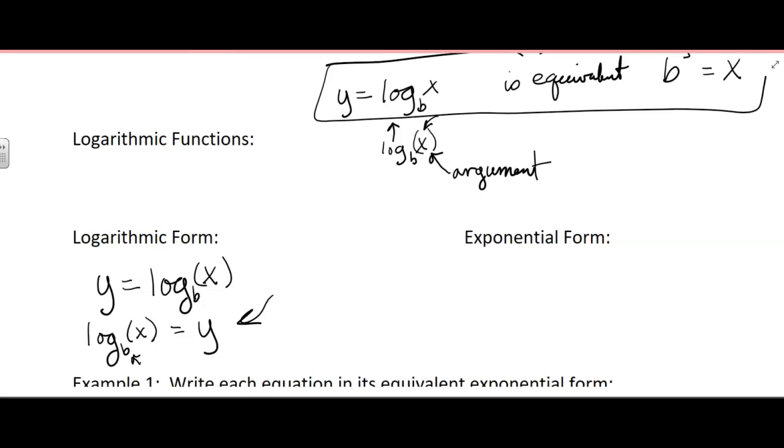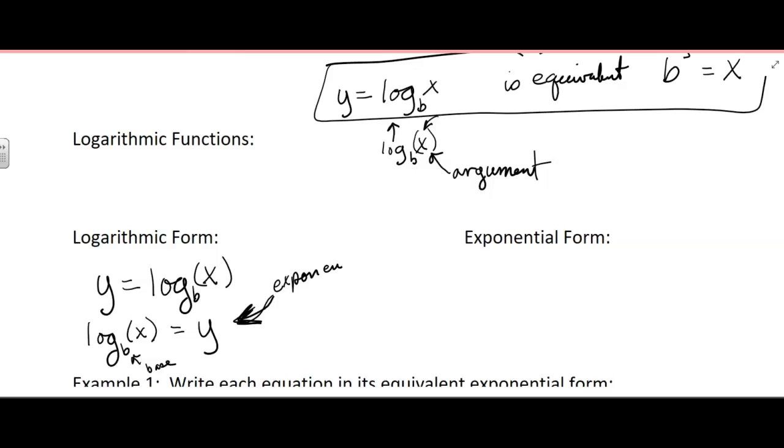This b is the base. Remember that constant we had, like a base 2, or a base of 1/2, or a base of 3, or something like that. Remember, the b has to be positive, and it can't be 1. The y that I'm pointing to here with this arrow, that's the exponent.